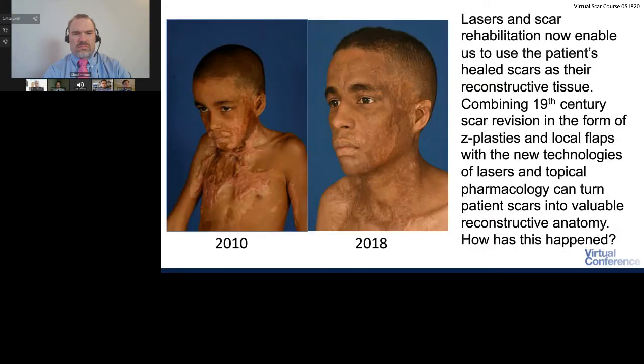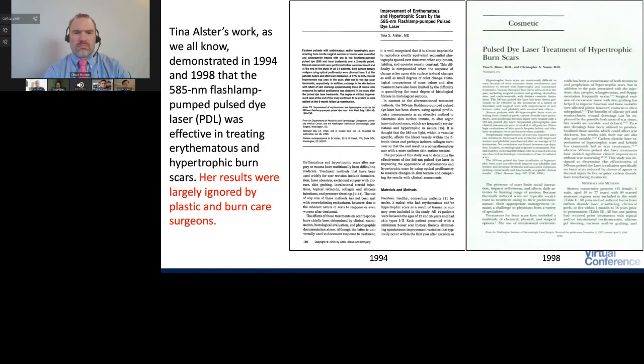So now we can say that lasers and scar rehabilitation enable us to use the patient's healed scars as their reconstructive tissue. No scars were ever excised from this young man's face. How has this happened? We all know that Tina Alster started this when she published a paper in 1994 demonstrating that the pulse dye laser was effective in treating erythematous and hypertrophic burn scars.